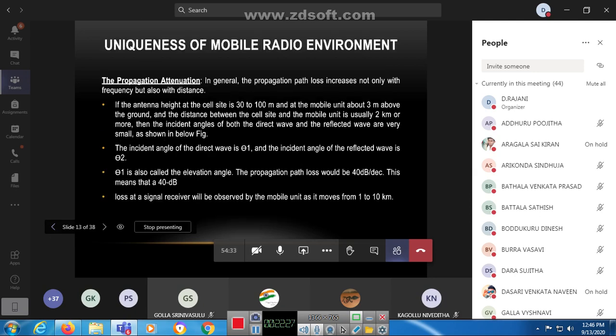So in the mobile radio environment, you will remember only what the antenna angle is, what the antenna reflected wave is, what the distance of the two antennas is, what the height of the antenna is, and what the covered signals are for the transmitting and receiving antennas.